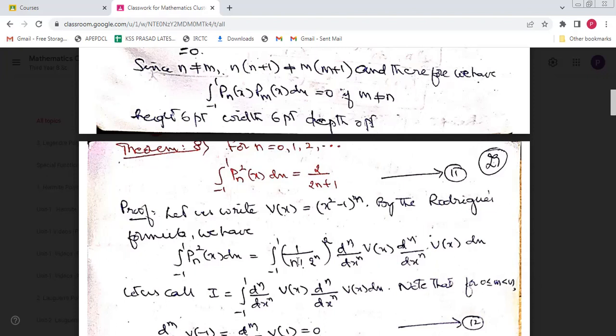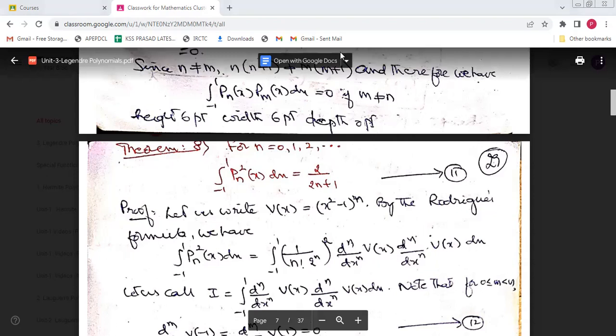1 by n factorial 2 power n whole square into nth derivative of the function v of x into nth derivative of v of x, because pn square.